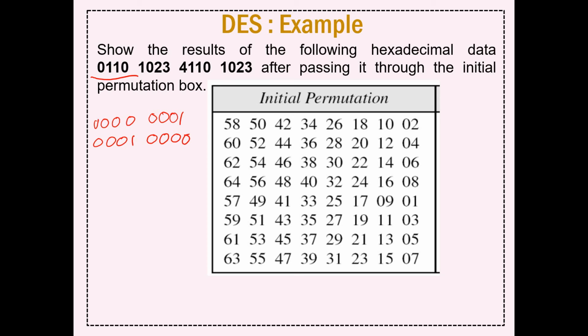Similarly, for 1023, you will have a certain arrangement. Now you don't need to do all the steps. Suppose you have this and it will go on for the rest of the portion of 4110 and 1023, because 1023 is repeated twice, so it will be the same.